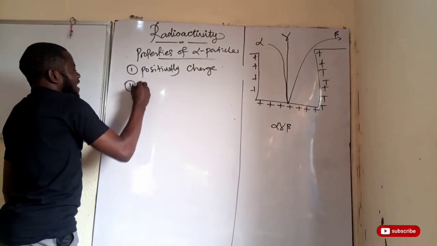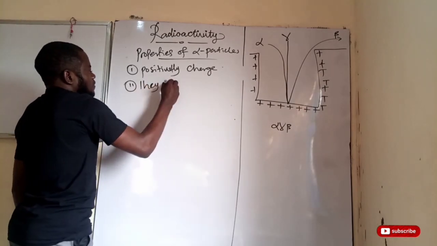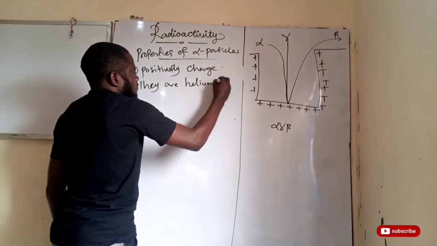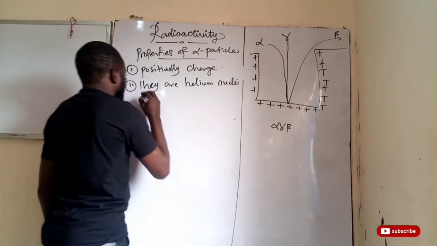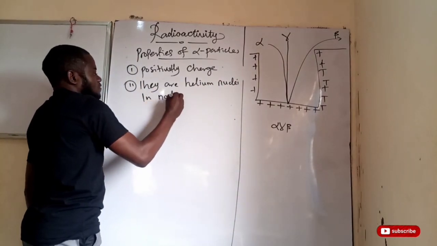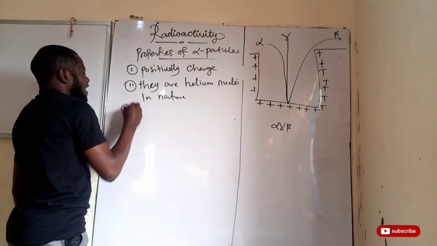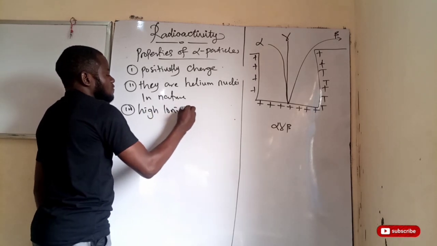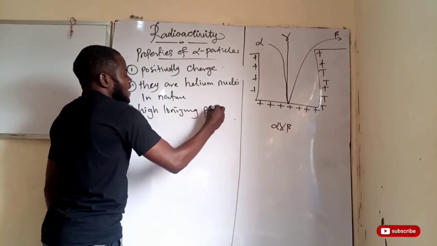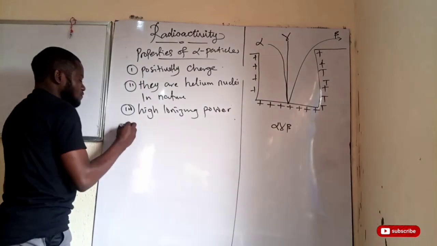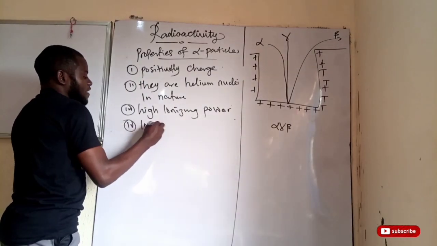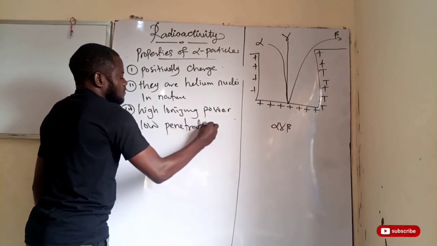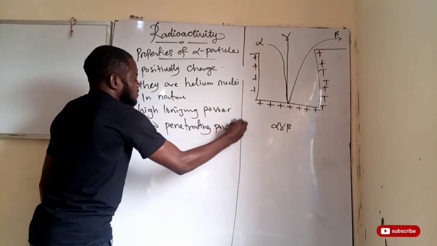Number 2, they are helium nuclei in nature. 3, they have a very high ionizing power. 4, they have a very low penetrating power.